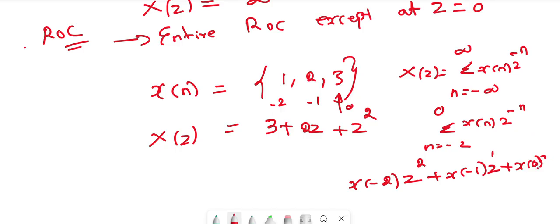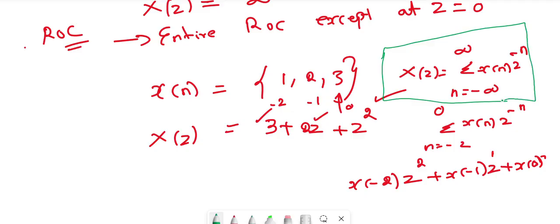So x[0] is 3, x[-1] is 2 into z, and x[-2] is 1 into z squared. Once you have this formula, you substitute the limits, expand, substitute the values of the sequence, and write the z transform.